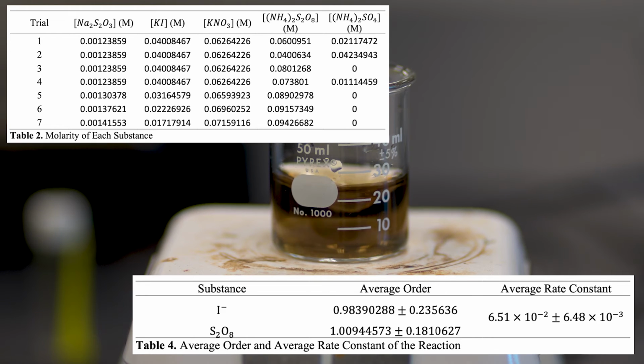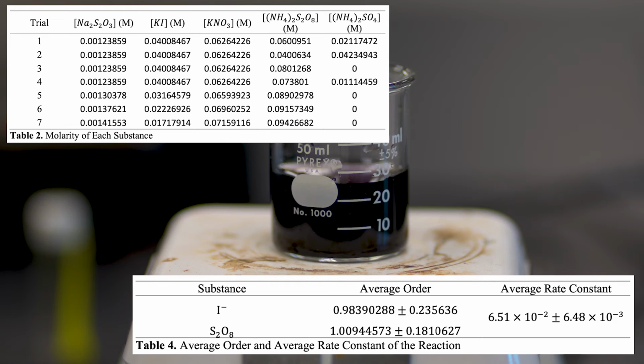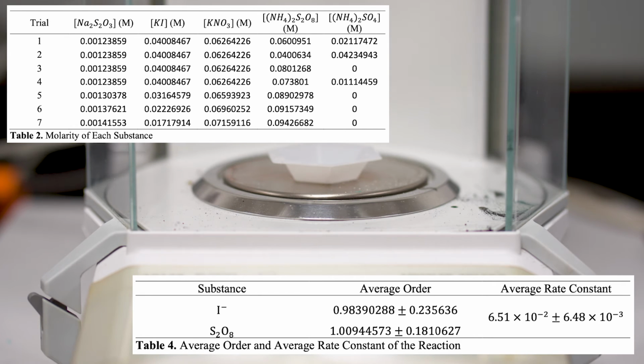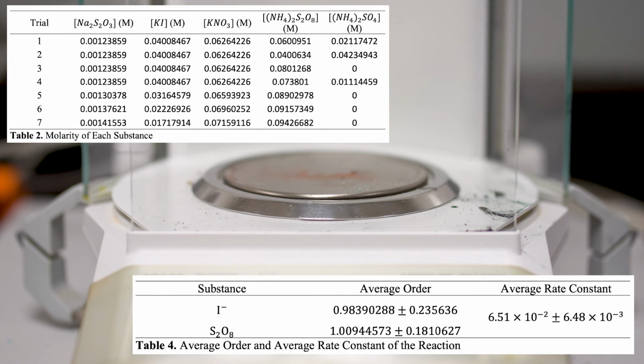Knowing the concentrations of both reactants and the rate orders, they can be substituted back into the rate law to solve for the rate constant. It was determined that the rate constant was 6.51 times 10 to the negative 2 plus or minus 6.48 times 10 to the negative 3, 1 over molarity seconds, at 21.9 degrees Celsius.